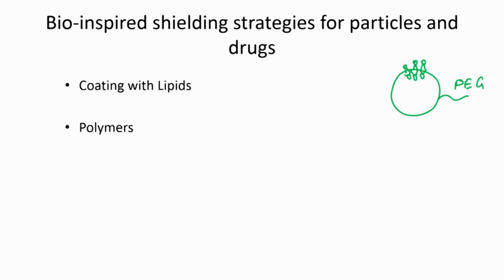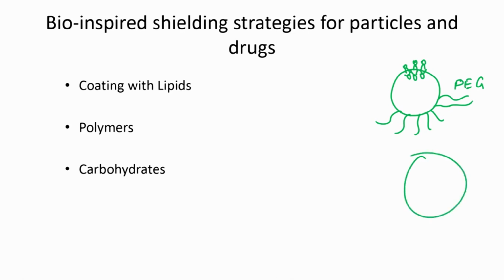Obviously, polymers like PEG we have extensively talked about. You can coat with them, and that acts as a windshield wiper, a shielding effect. You can coat with carbohydrates for that matter. Carbohydrates are very hydrophilic, and in fact long chain carbohydrates are natural polymers which the cell itself has. If I say this is a cell, the cell has heavily glycosylated proteins present, and they also act as a windshield wiper and do not let any non-specific interaction happen.